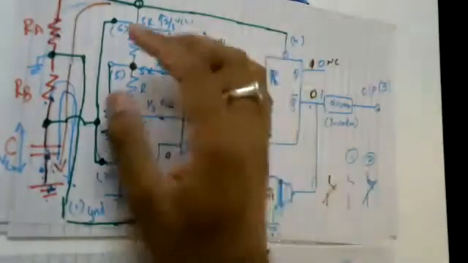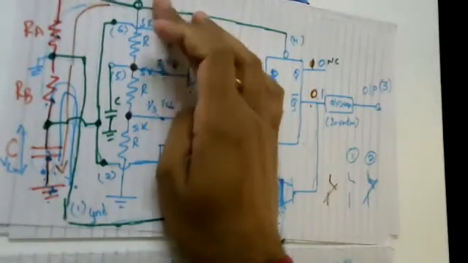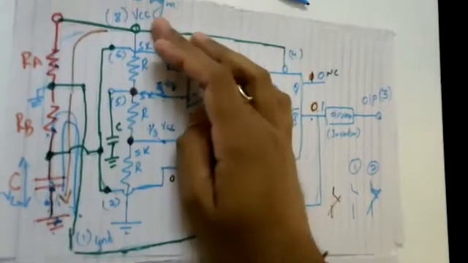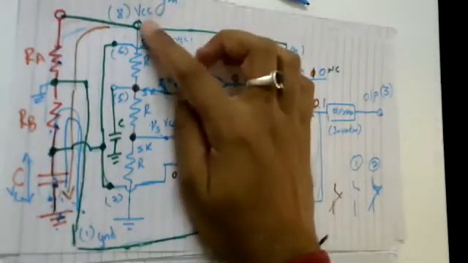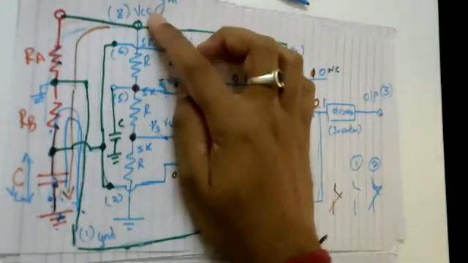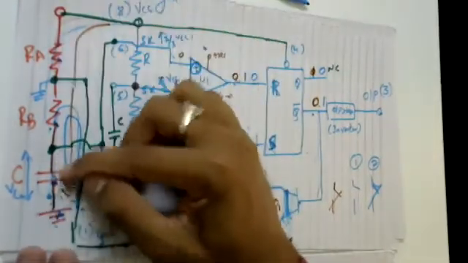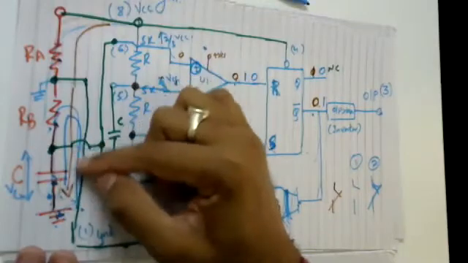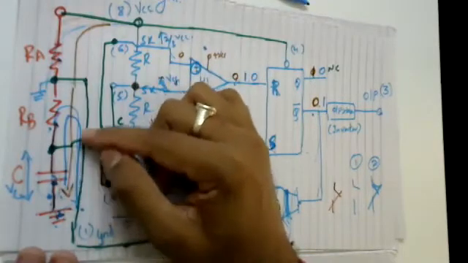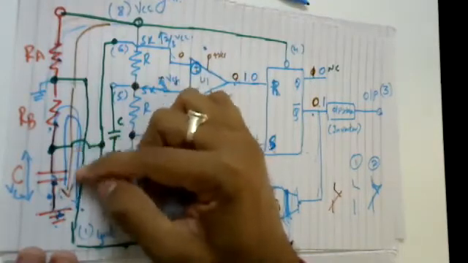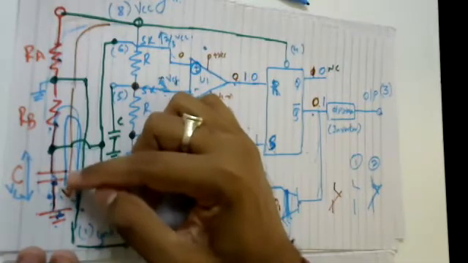Then next, we said that at instant t equal to 0, I am going to give this VCC. Once I give this VCC, I know that initially there is no voltage across the capacitor. So the capacitor is not charged prior. Understanding?